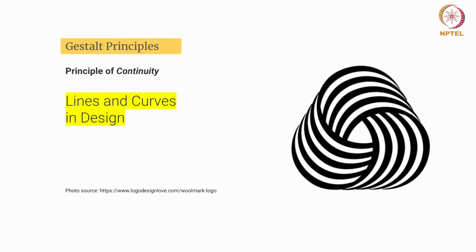You can see how the lines and curves give you a sense of 3D illusion, like a loop which is never ending. This is where the principle of continuity comes in, a never-ending way of representation.